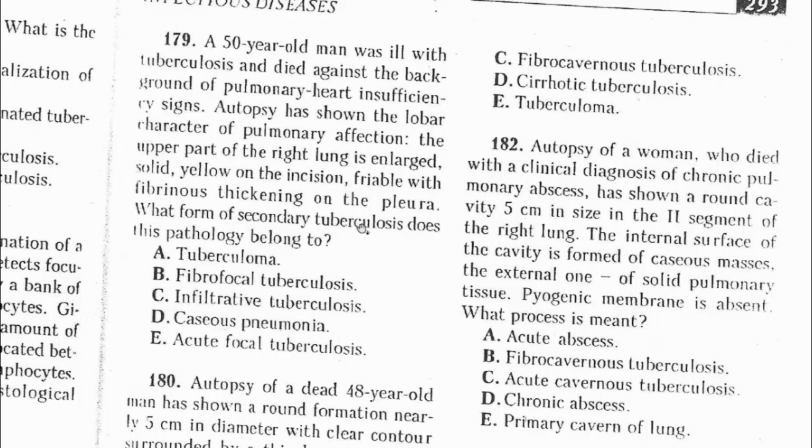What form of secondary tuberculosis does this pathology belong to? Now, your answer should be tuberculoma. A tuberculoma consists of a focus of necrosis surrounded by fibrous capsules with size about 2 to 5 centimeters.